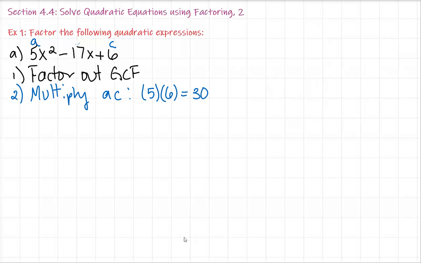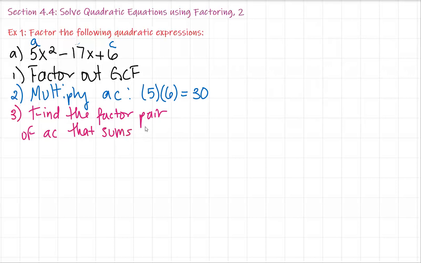Step 3, what we're going to do is find the factor pair of A times C that sums to B. Okay, so that part is familiar.